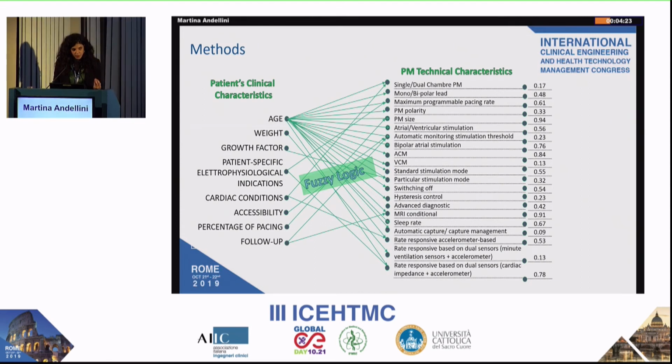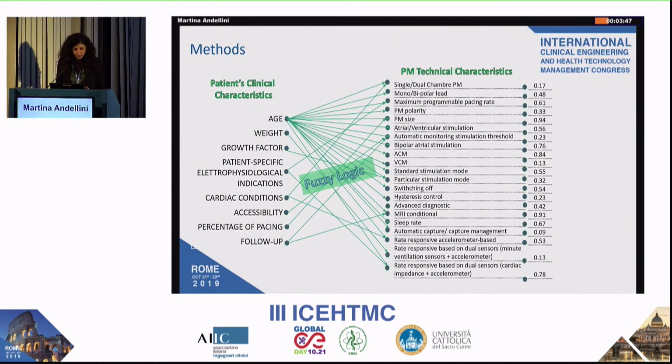The purpose of our project is to model through a mathematical approach the everyday decision-making process made by physicians and cardiologists in the selection of the patient-specific pacemaker. So we decided to use a fuzzy logic approach in order to set a number of rules to connect the two sets of variables.